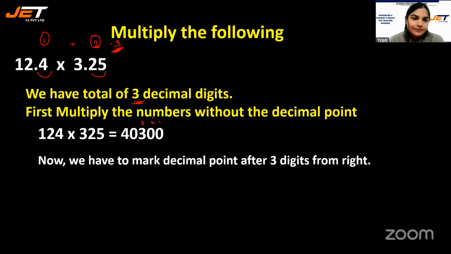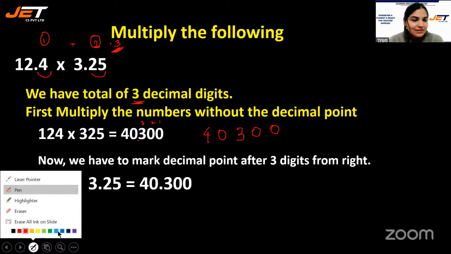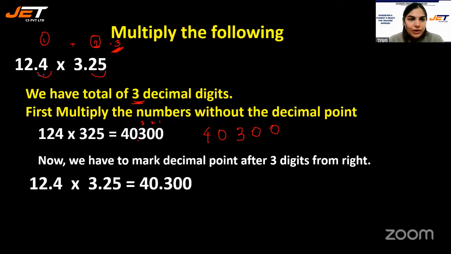The digits were 40300. One from here and two from here makes three. So start from the right, count 1, 2, 3, and put a decimal. It is 40.300.